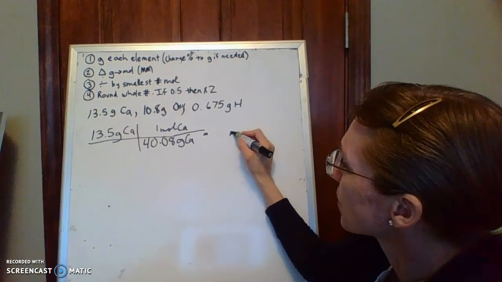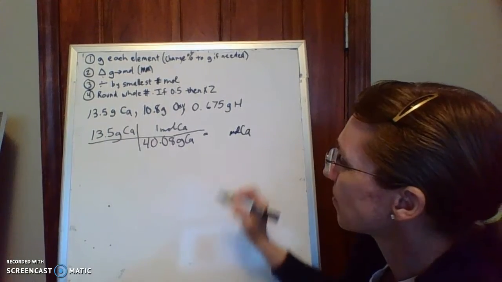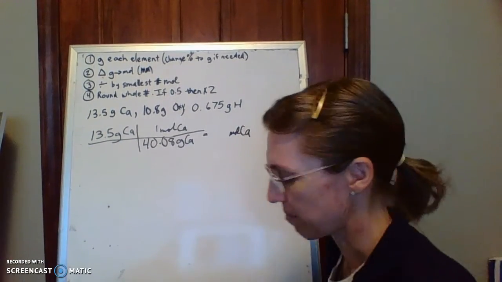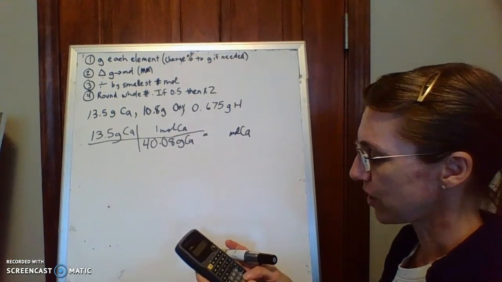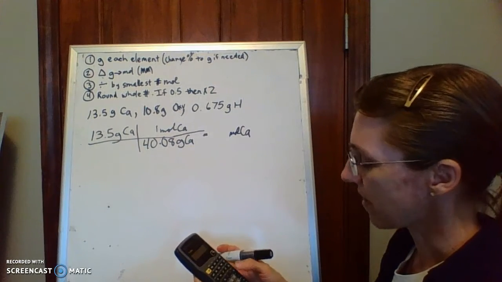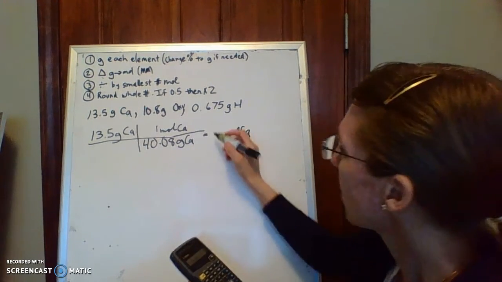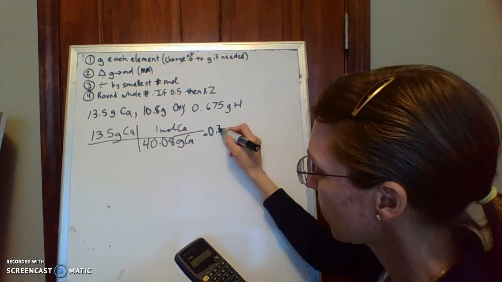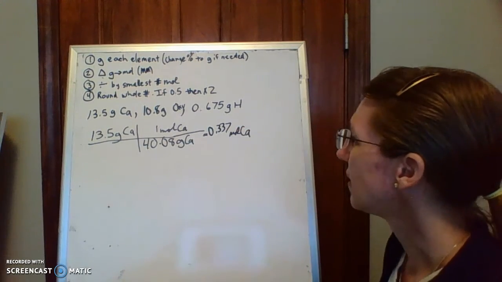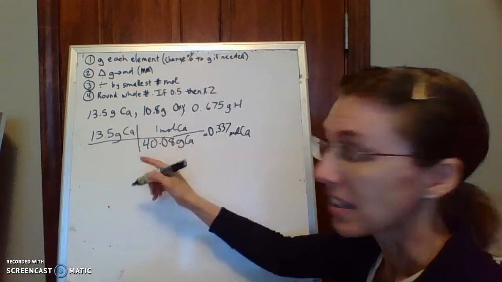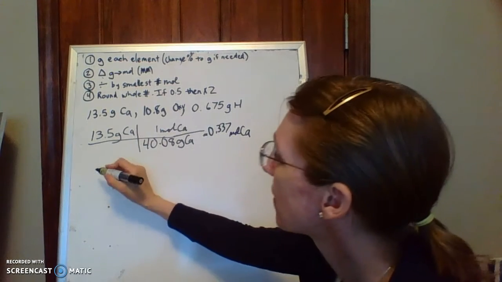That's going to get us our moles of calcium. Let's go ahead and type that into our calculator. 13.5 divided by 40.08, and we get 0.337 moles of calcium.